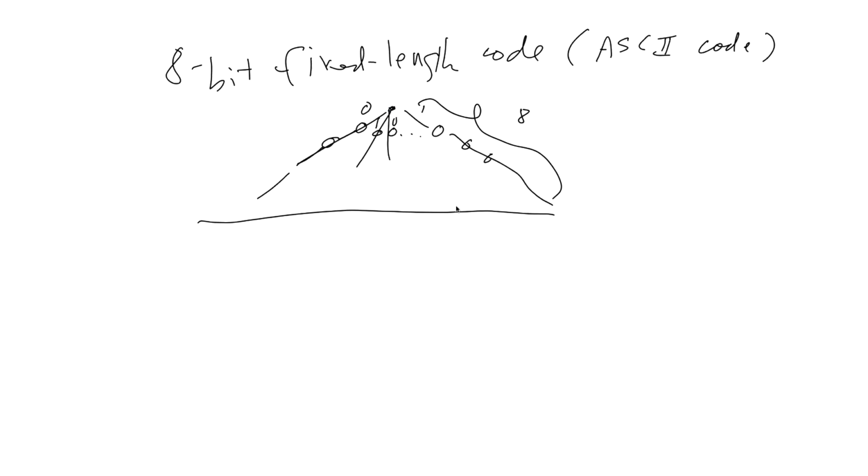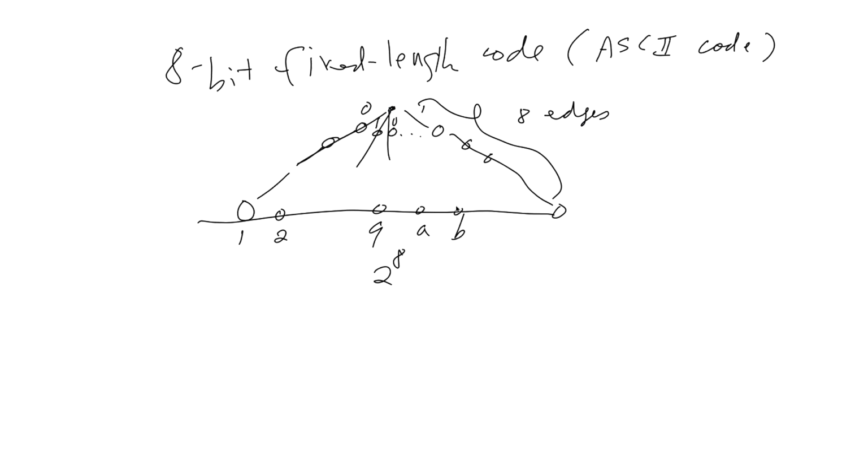Then you get maybe 1, 2, up to 9, and then A, B, and also the capital letters. At this level you have 2 to the 8 codes. This is the fixed length code.